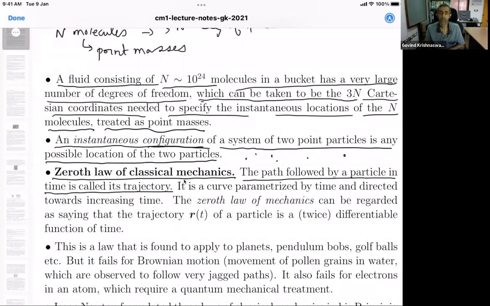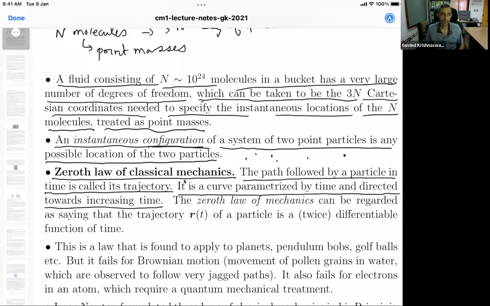This is a notion we have introduced previously. The path of a particle as time flows is called its trajectory. That trajectory is a directed curve in the space in which the particle is moving. It is a curve parameterized by time and directed towards increasing time. So that is our trajectory.